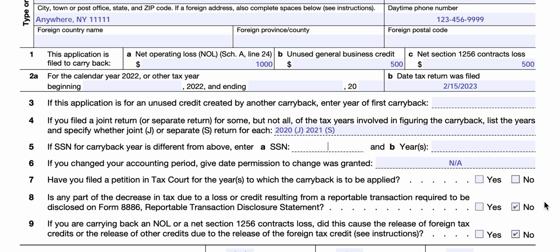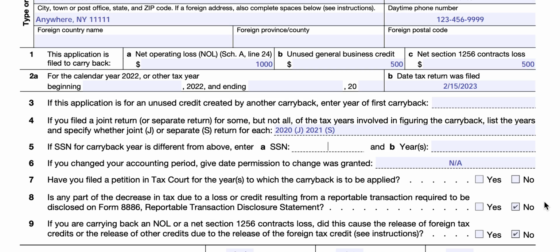For example, if an NOL or a 1256 contracts loss carryback eliminates or reduces a prior year foreign tax credit, you cannot use this form to carry the released foreign tax credits to earlier years. Also, if those tax credits result in the release of general business credits, then you can't use this form to carry the released general credits.